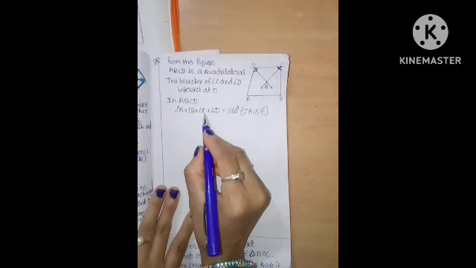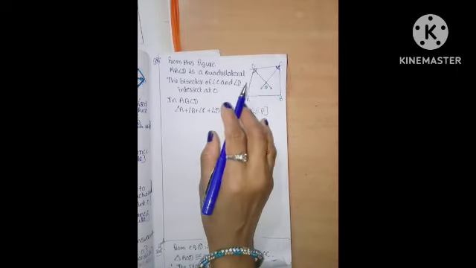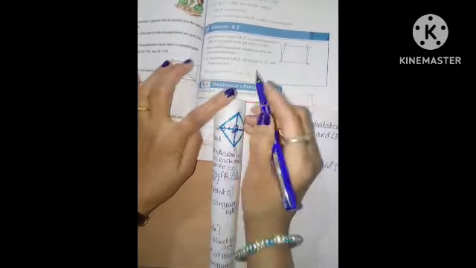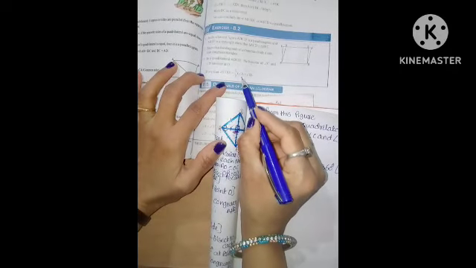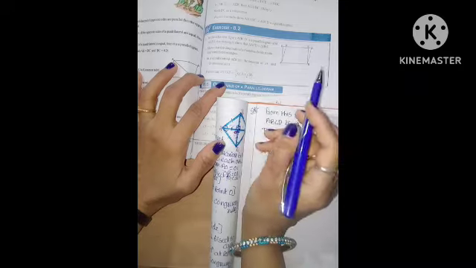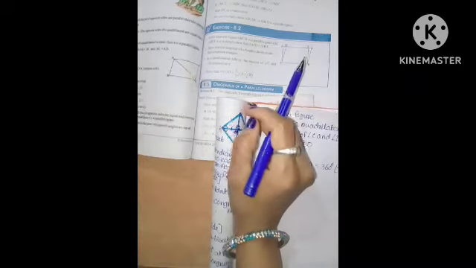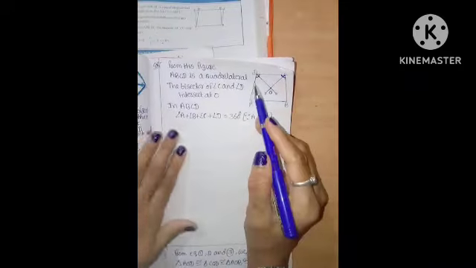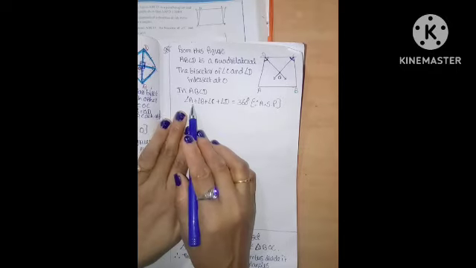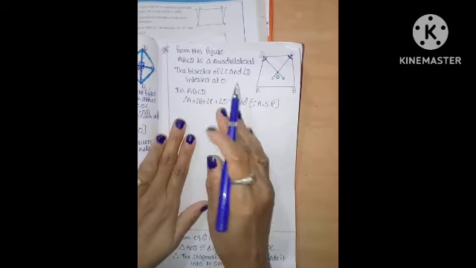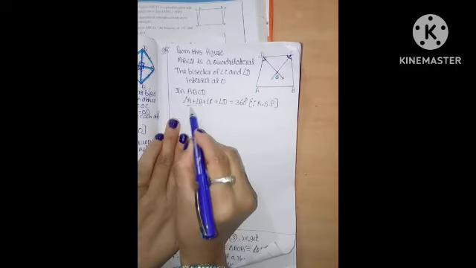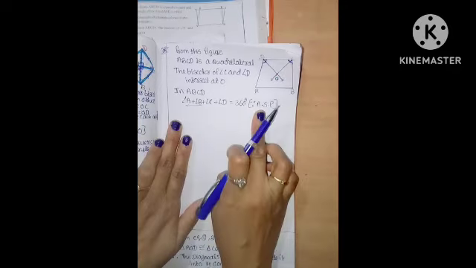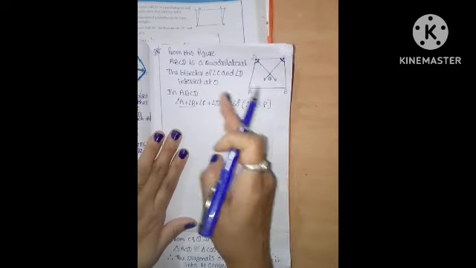So what is asked in the given problem? Angle COD is equal to half of the angle A plus angle B. On the left hand side we have angle A plus angle B, so these 2 angles will be transposed to the right hand side.